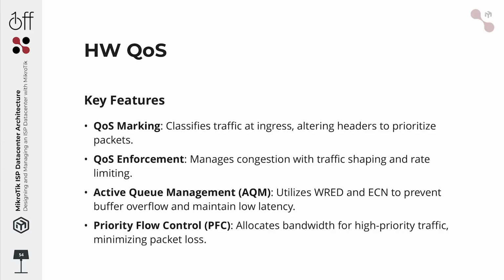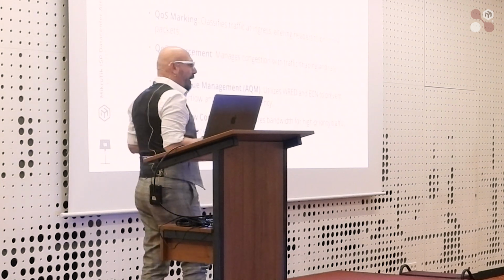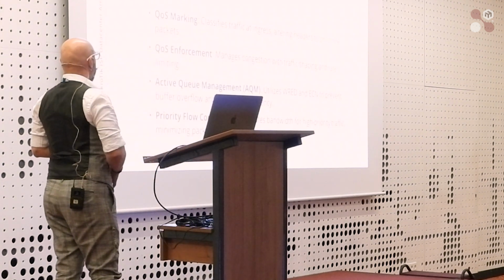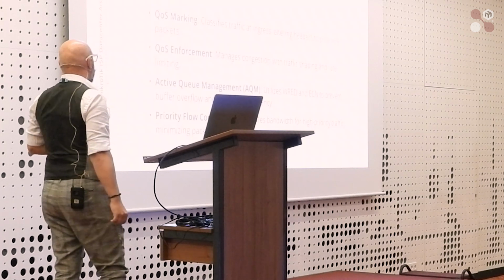We can also make some QoS enforcement. It's funny and it's amazing because one switch tells the other, please send me less traffic, because there is a congestion on the network. So it's very nice to have this feature in switches.